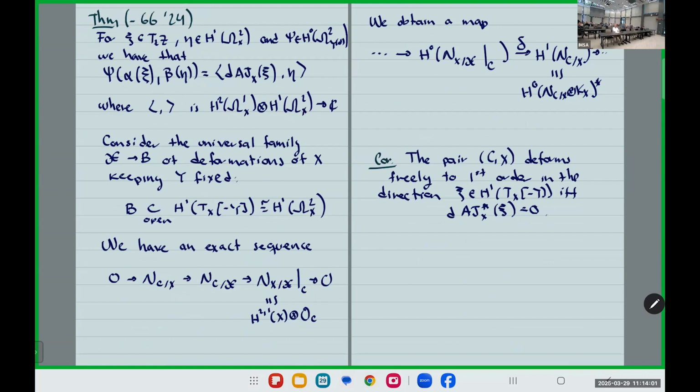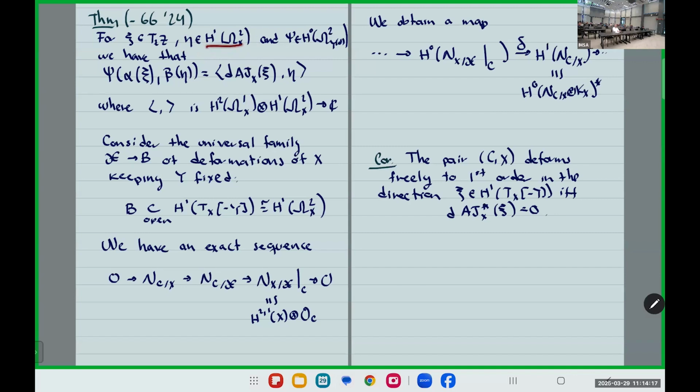So let me read it. You will take a vector on the tangent space of Z, and you will also take another vector on the tangent space of the universal space of deformation.